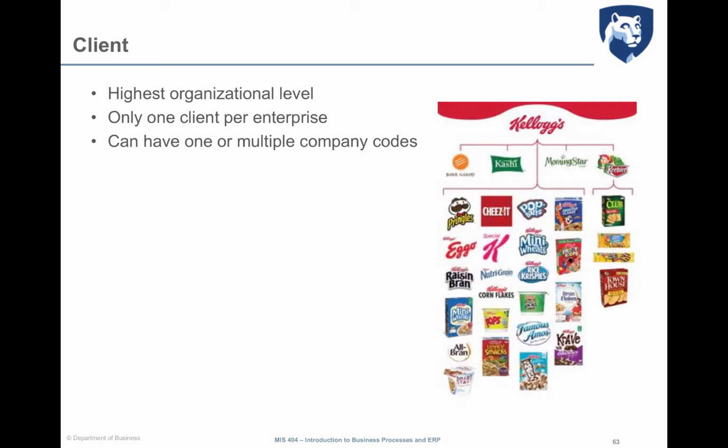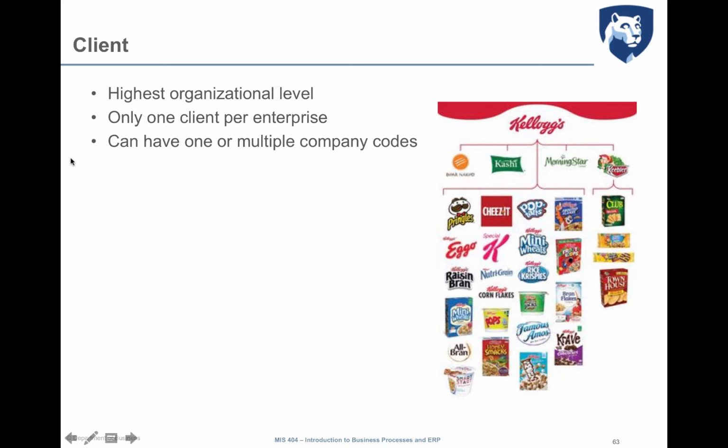When we talk about client, we already saw the meaning. The client is the highest organizational level in a company system and in an ERP system, and it represents the enterprise that consists of multiple companies, and there is only one client for each enterprise.